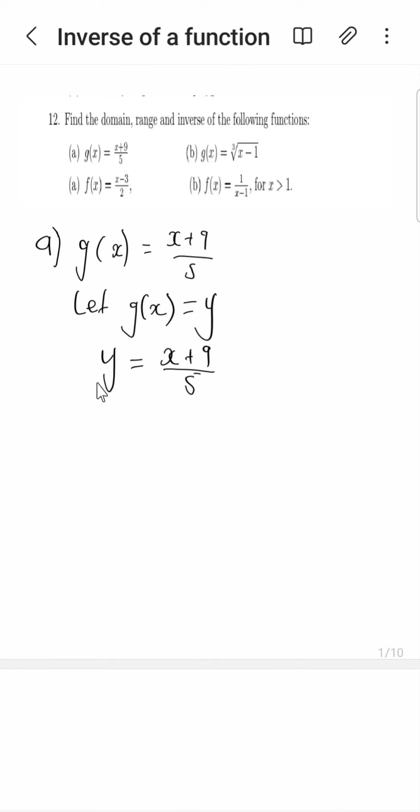It's quite simple. Pretty sure everybody knows that. We'll cross multiply there. We'll have 5y equals x plus 9, and our x is going to be 5y minus 9.